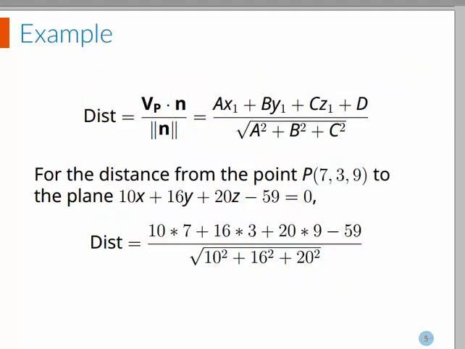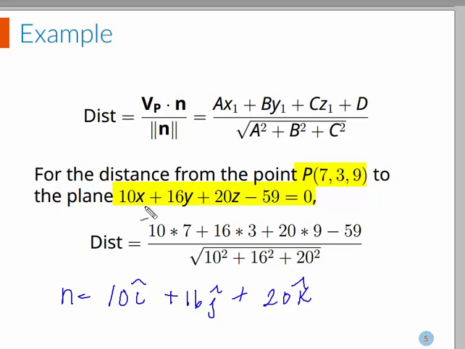So this is a pretty easy equation to use. All we need is the coordinates of the point in question, and we need the expression for the plane. Of course, a normal to the plane is built into the expression, right? The normal for the plane would be 10i plus 16j plus 20k, because the components for the normal are right here in the first three terms of the equation for the plane.